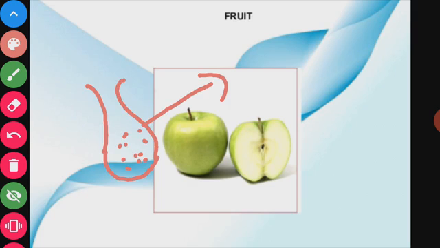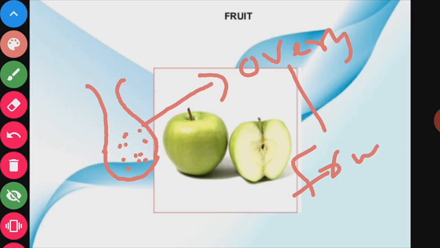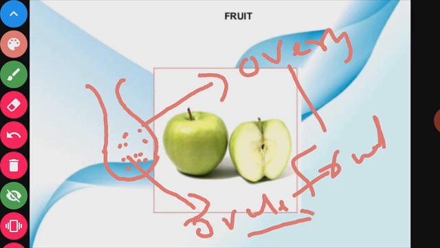Fertilization takes place. After fertilization, this ovary gets changed into fruit, and these ovules get changed into seeds. So if I say that these ovules are seeds and this fruit is the ovary.